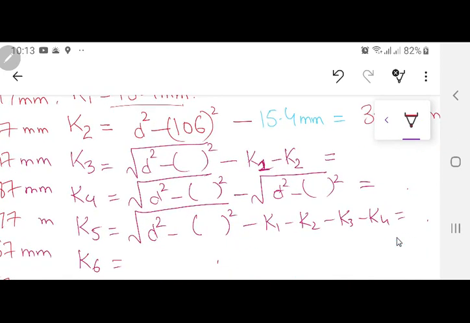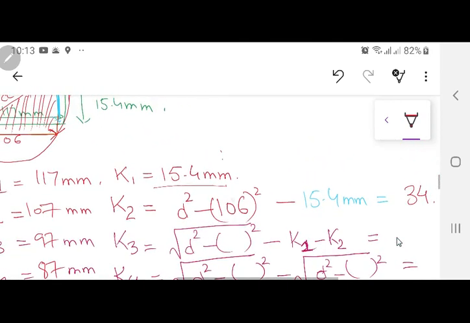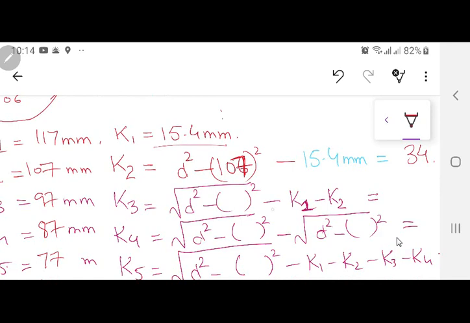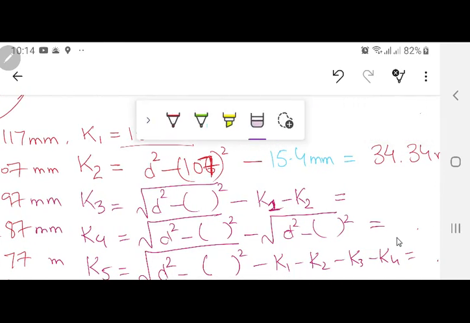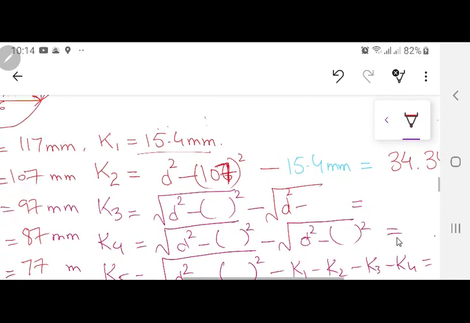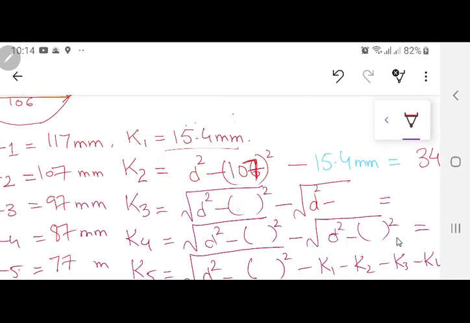K3, K4, K5, this one would be equal to, this is 107 here, so certainly this is going to be d square, and if I put in the equation, this would be d square minus 97 and d square minus 107 square.